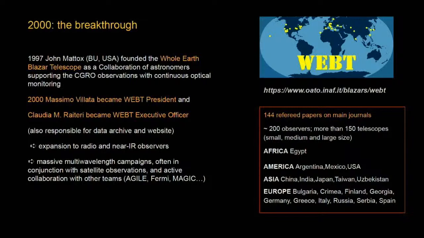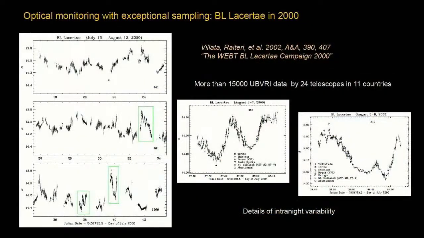The WEBT has grown, and we now have members in many countries around the world. The main strength of the WEBT is its capability to get really well-sampled light curves because of the distribution in longitude of its members. And this was clear since the beginning.